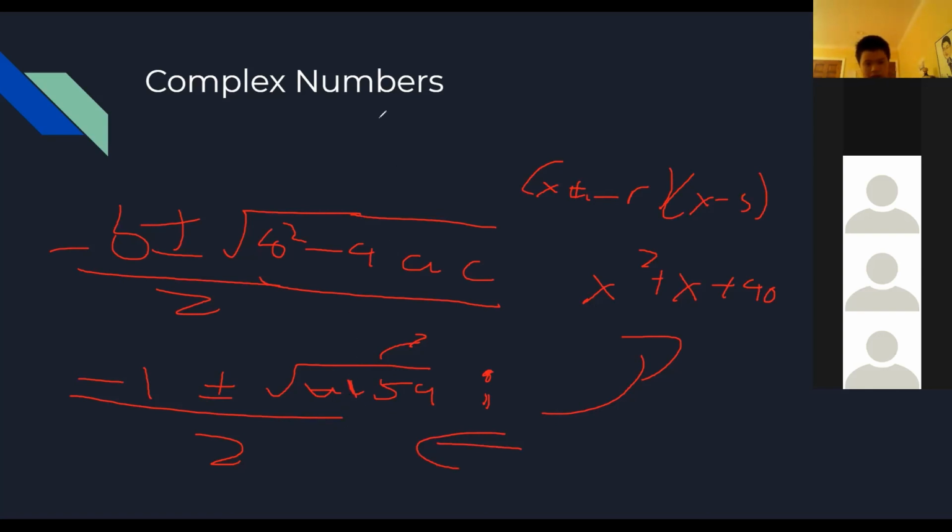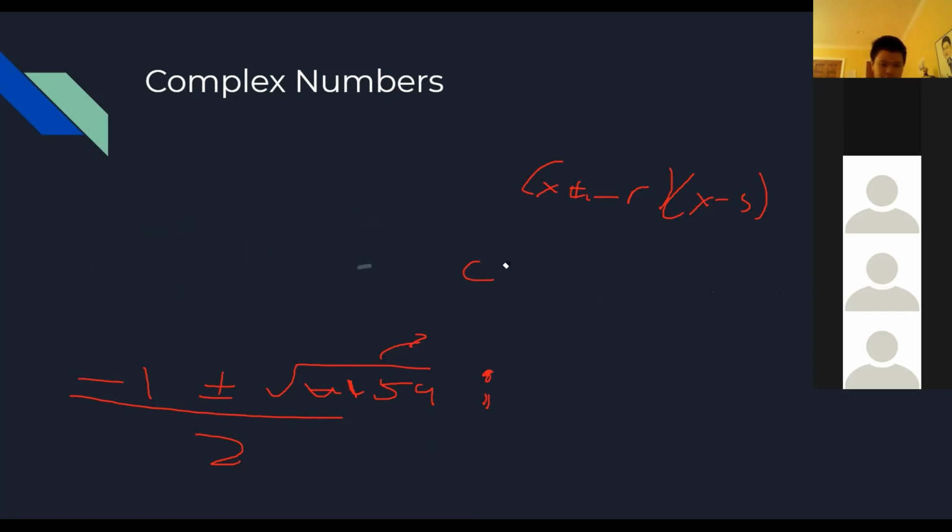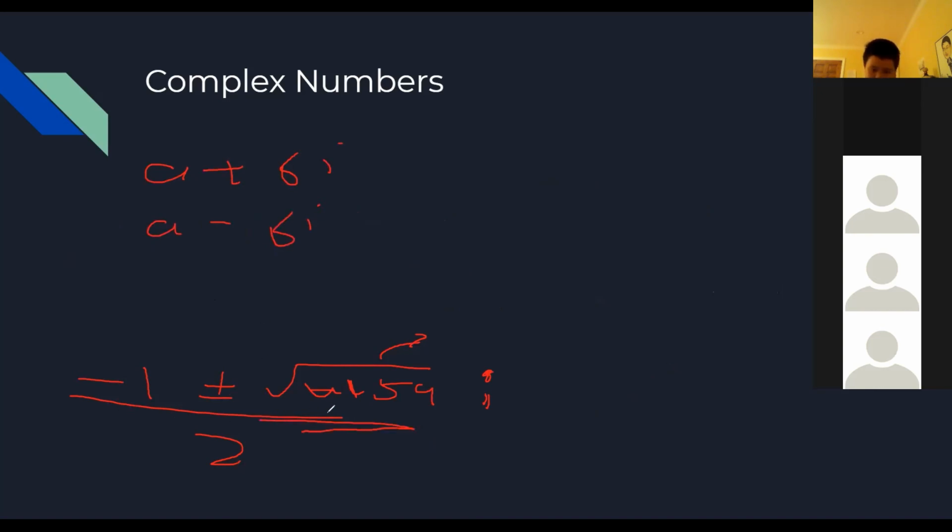Also, an important note on the subject of this: let's take two similar complex numbers, a plus bi and a minus bi. As I've talked about before, these are the properties of roots in a quadratic.